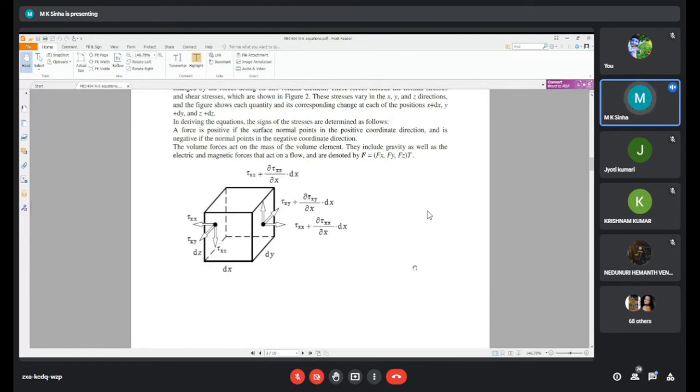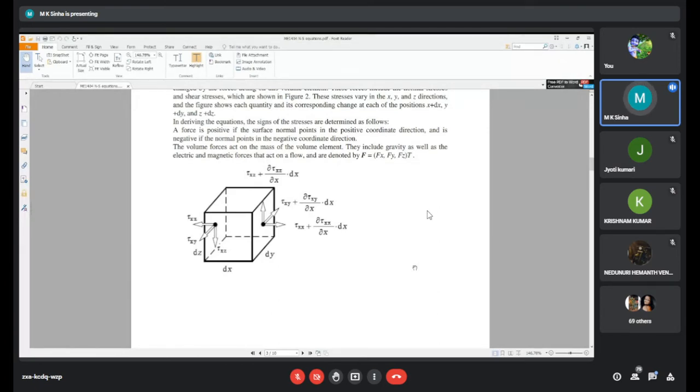So the stress acting on the surface dy dz is towards the left, tau xx, and due to the fluid element length dx, it changes to tau xx plus del tau xx by del x into dx.